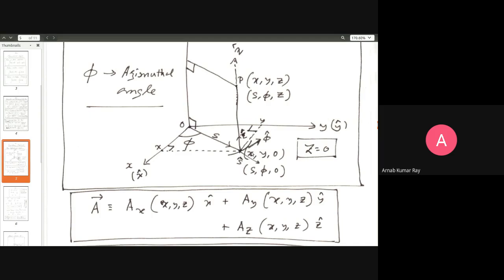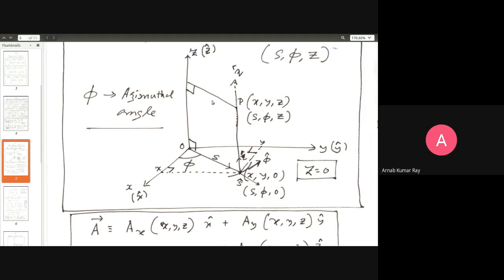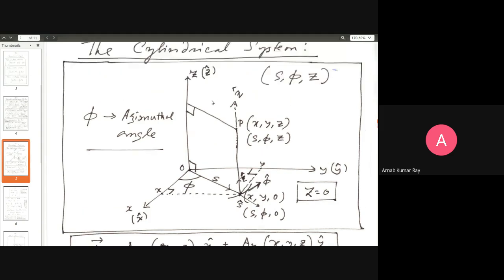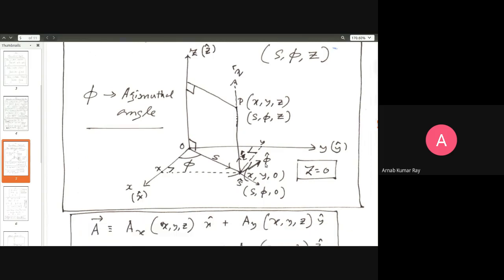One very important point about phi cap and S cap is that they are no longer fixed in space. X cap, Y cap, Z cap are frozen; these three directions are fixed in space, but S cap and phi cap are not. Depending on the value of phi, S cap will change. If phi is 0, S cap will be pointing along the x-axis. If phi is 90 degrees, S cap will be pointing along the y-axis.